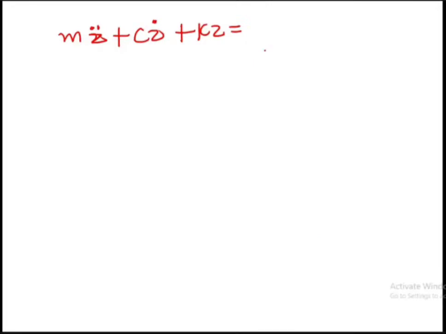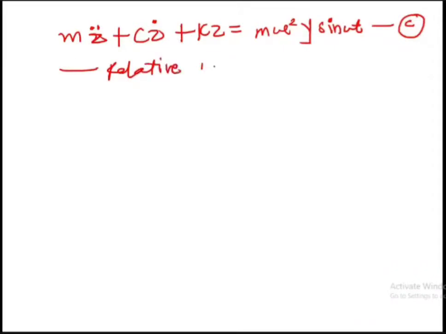So that will become m into omega square capital Y sine omega t. Okay. Now this equation is known as the relative equation of motion. Initially the equation which I derived is called the absolute linear differential equation. This equation is called the relative differential equation of motion.